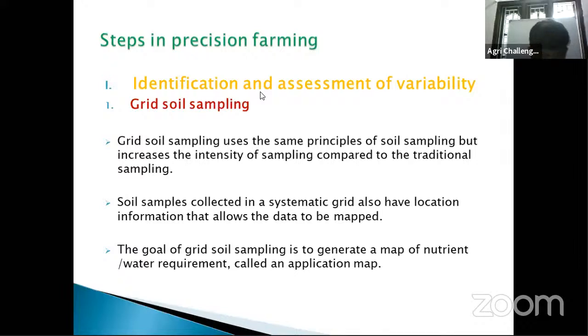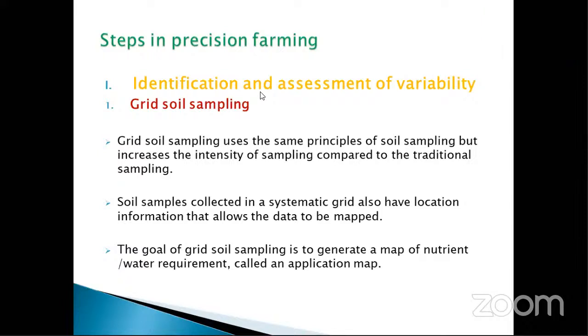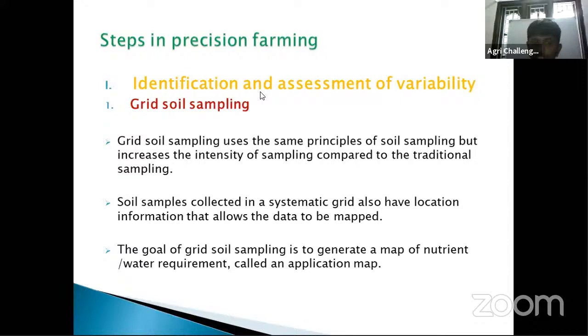The goal of grid sampling is to generate a map of nutrient or water requirement called an application map. Why do we have to go for grid sampling? To assess the variability and to prepare the applicator map or variability map.